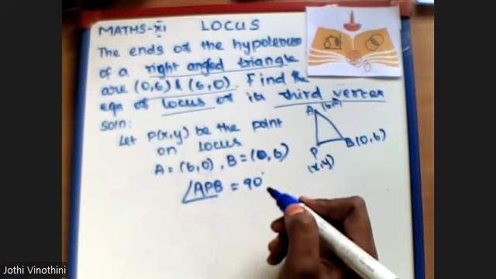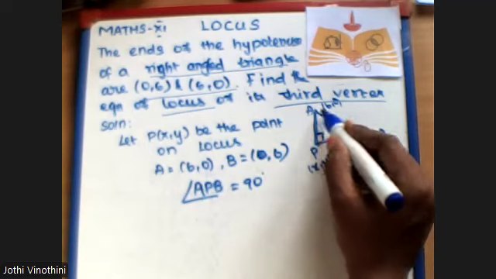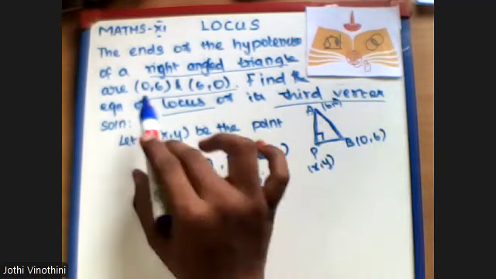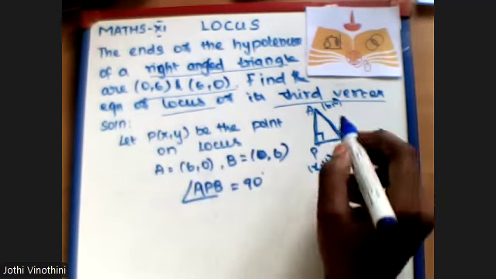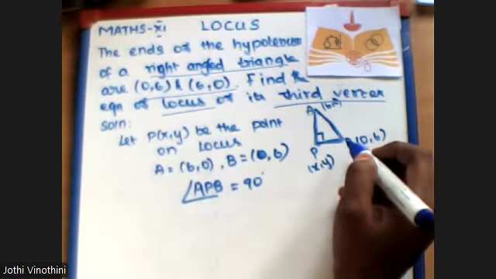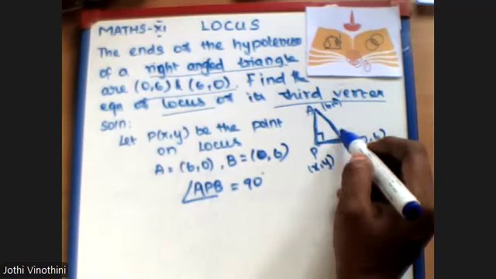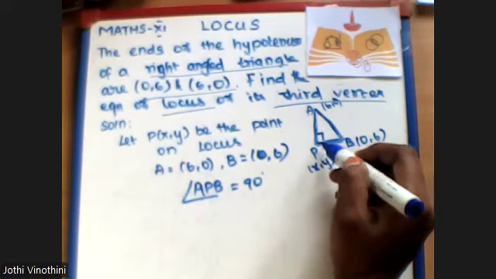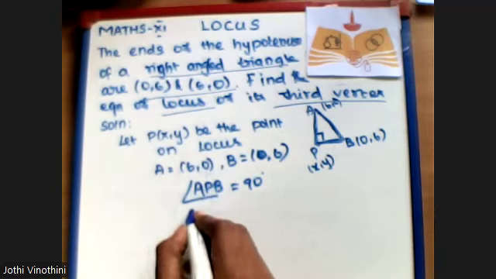Sure? Okay. Now we know it is a right angle triangle and AB is the hypotenuse. These two vertices are (0, 6) and (6, 0). In a right angle triangle, the square of the hypotenuse is equal to the sum of the squares of the other two sides. Shall we write this? Yes.